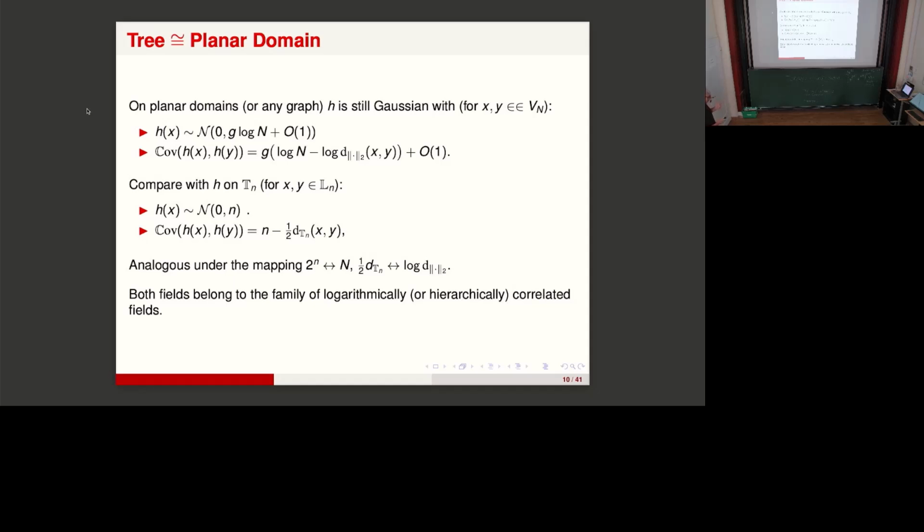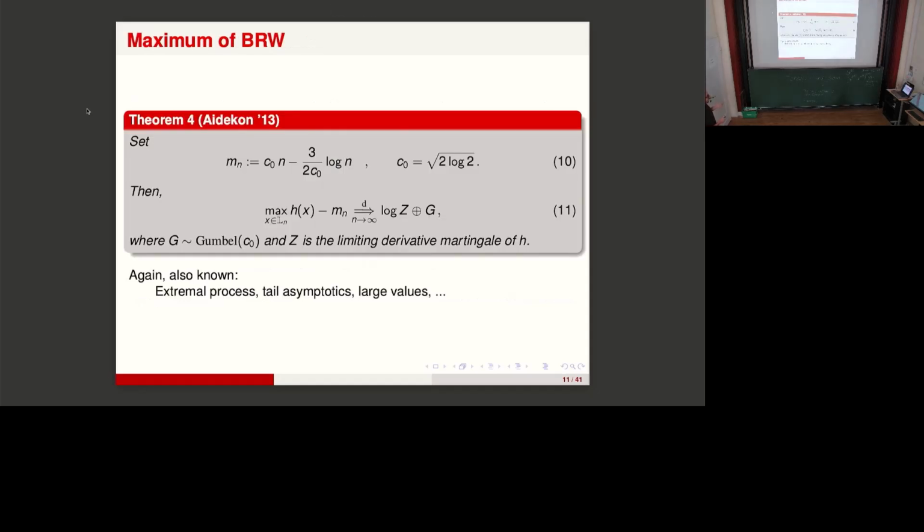And indeed, if you look at the results on the tree, they look very similar to the results on the planar domain. Again, you have to replace log capital N by little n, which is the log of the diameter. The constants are slightly different, but otherwise this is now the new centering function for the maximum, and you still get weak convergence to a randomly shifted Gumbel with a different shift.